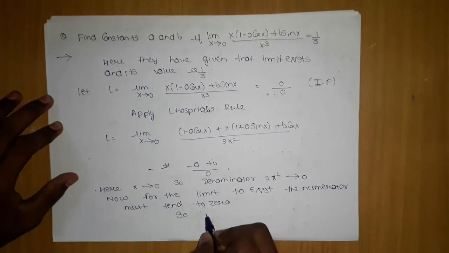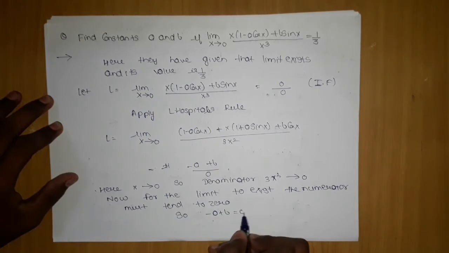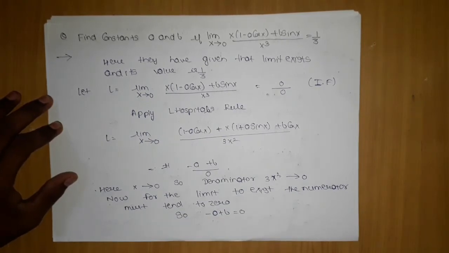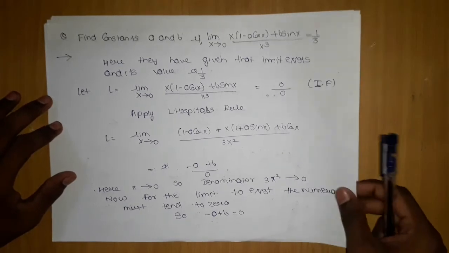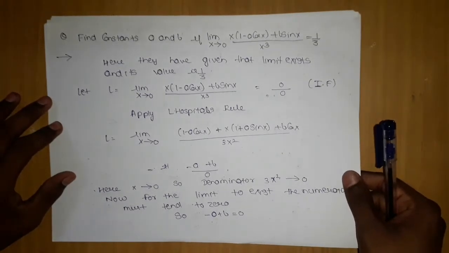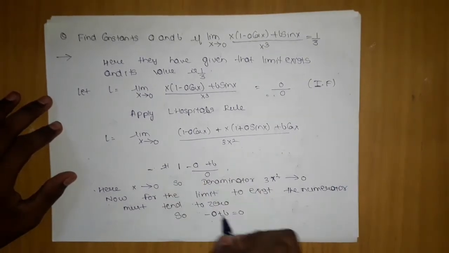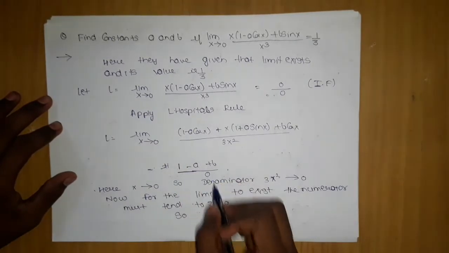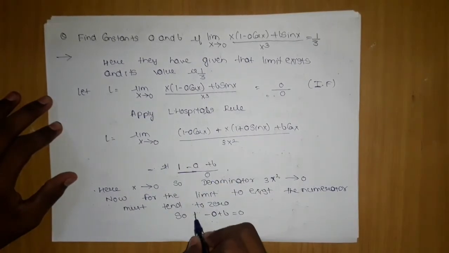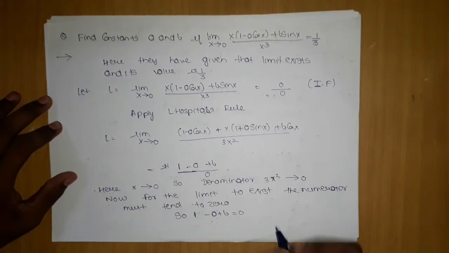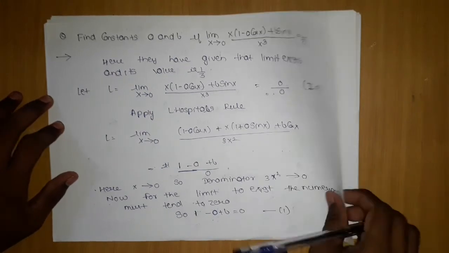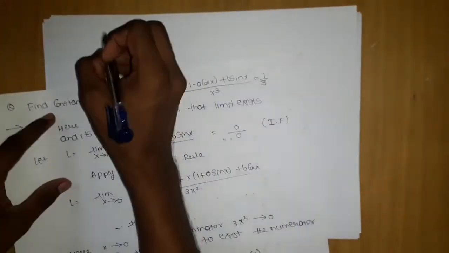So minus a plus b should be equal to 0. Sorry, here it is 1 also, so we have 1 minus a plus b equals 0. This is my first equation. If it is equal to 0, then I am again having 0 by 0, which is an indeterminate form.